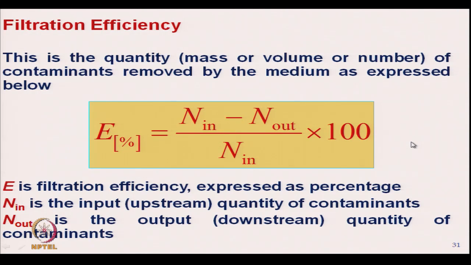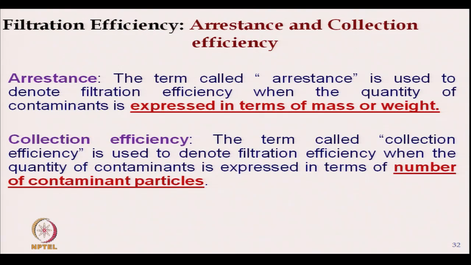This filtration efficiency can be expressed in two ways. One is arrestance and another is collection efficiency. Typically, these two terminologies are actually filtration efficiency. Arrestance is the term we use when we express the contaminant quantity in terms of mass or weight.